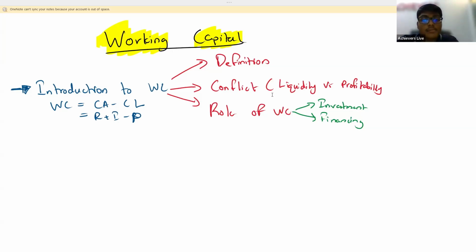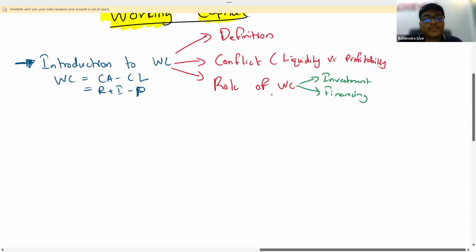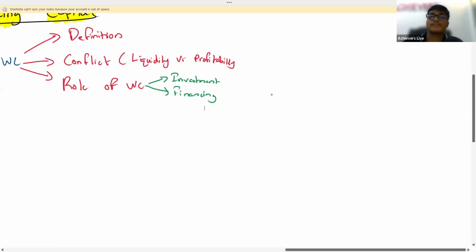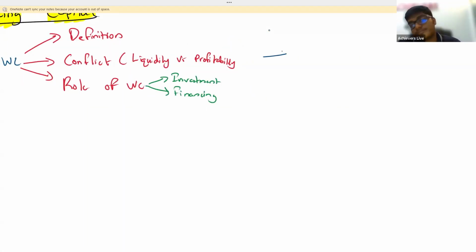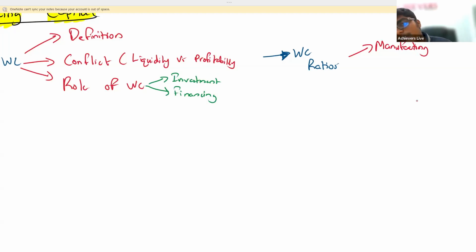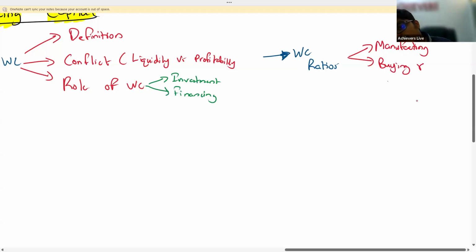Next, we looked at working capital ratios. We looked at two different kinds of companies: manufacturing companies and buying and selling companies, retail companies.